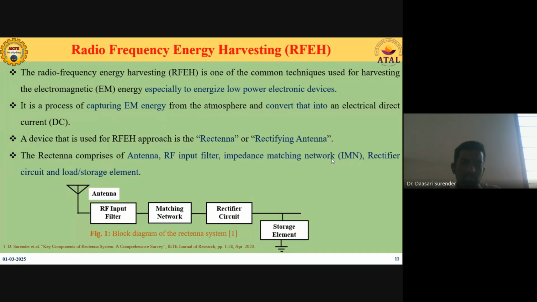Here, the antenna is the front end element of the rectenna system, and that is the most important device, because in a rectenna, the more power received by the antenna, the more power we can expect from the output. If the antenna receives less power, then it is not possible to increase the power from the output. So the selection of the antenna is important for designing the rectenna system.